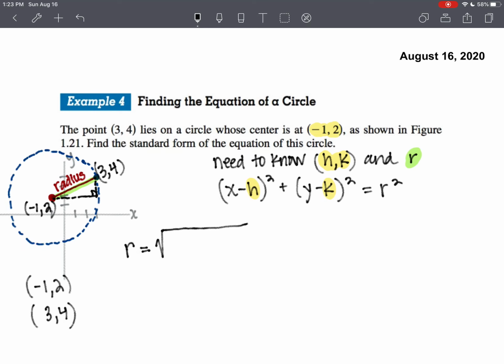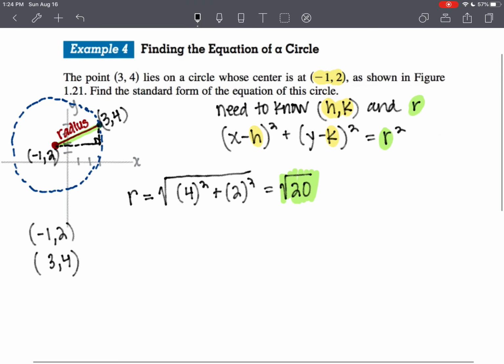The difference in the x's is a 4. The difference in the y's is a 2. 16 plus 4 is 20, so the radius is the square root of 20. So we're going to put the square root of 20 in for r. And now we're going to be able to write our equation.